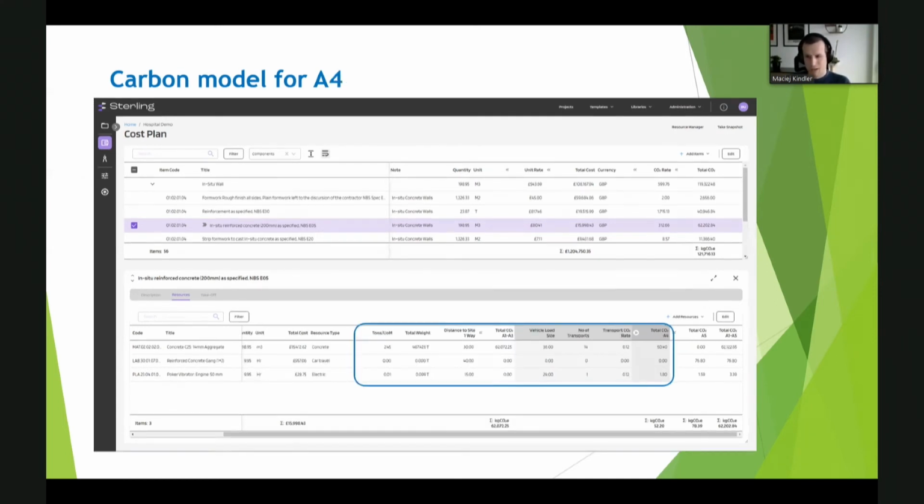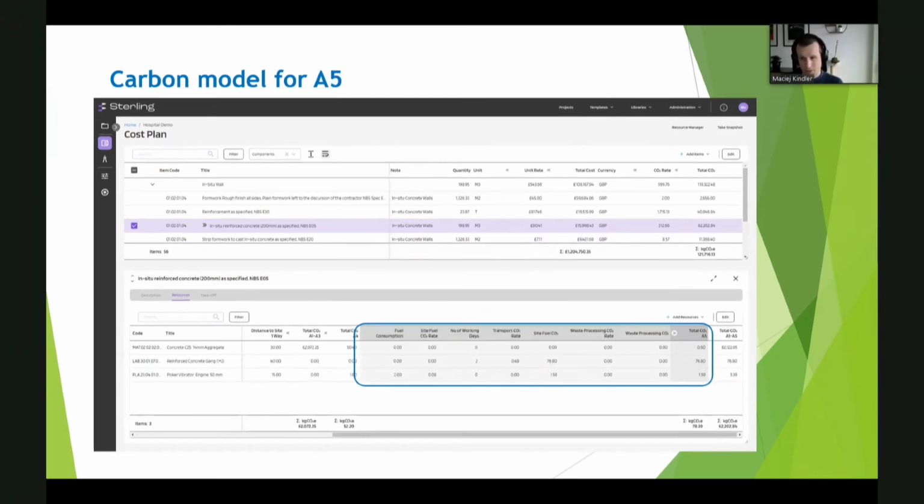When we go further down, it starts to be a little bit more complicated. So for materials and plants, we do need to account for the transportation to site. And in case of material calculation, we first need to transform the weight of the material into tons. And from that, we can calculate the number of transports, which will give us the budget.